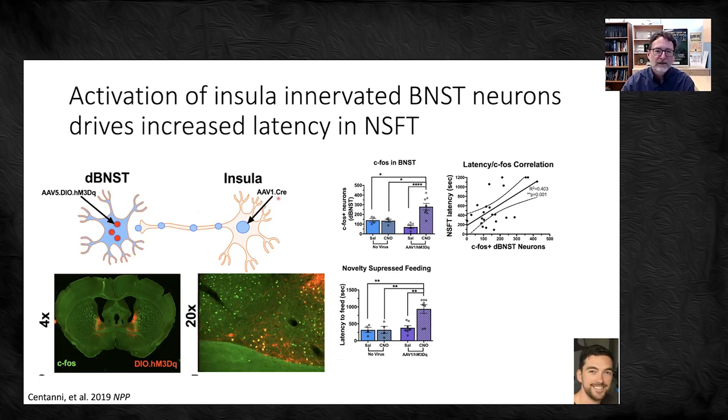So this then delivers a molecule called Cre recombinase, which enables the expression of a switch that we delivered by another virus into the BNST. So the BNST virus, for its product's expression to occur, needs this Cre to be present. And this switch is a designer receptor exclusively activated by a designer drug, a DREADD.